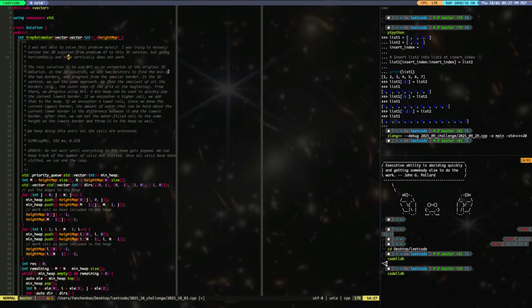I actually forgot how the 2D works. Okay, let me think about it. To trap rainwater, you have, I think, going from the left, you find the smallest, and then going from the right, you find the smallest. And then you compare.